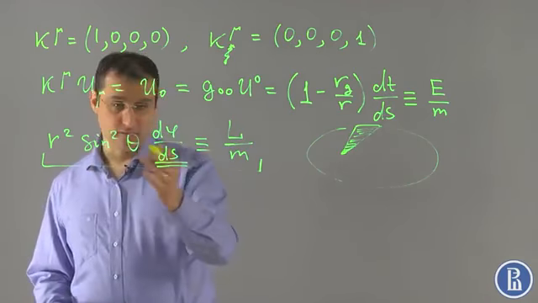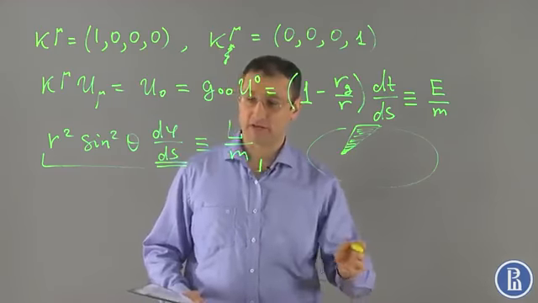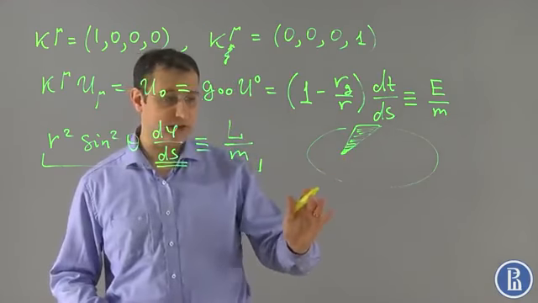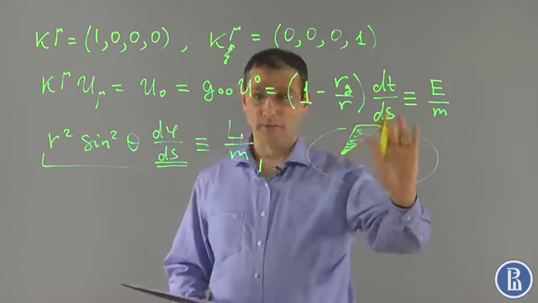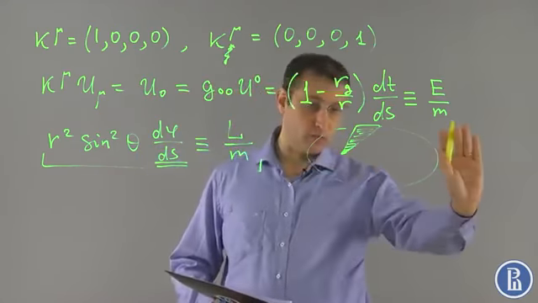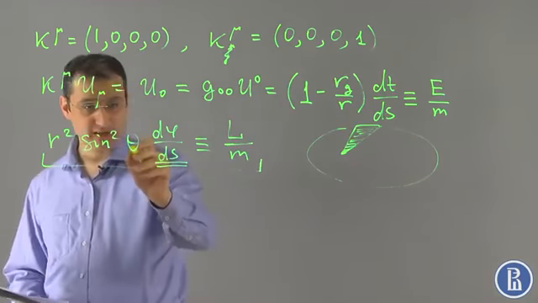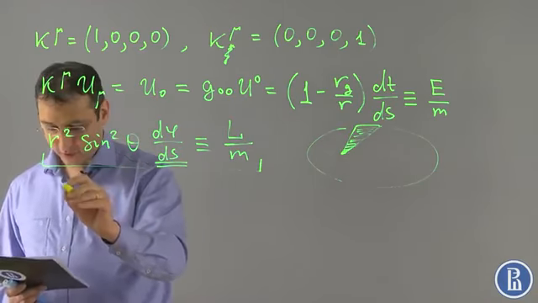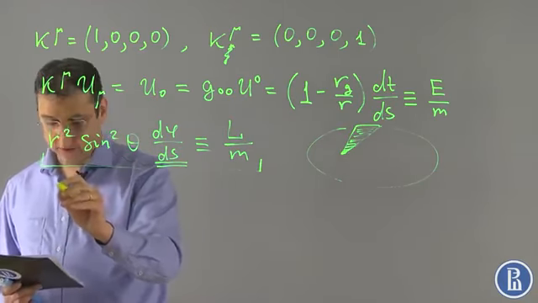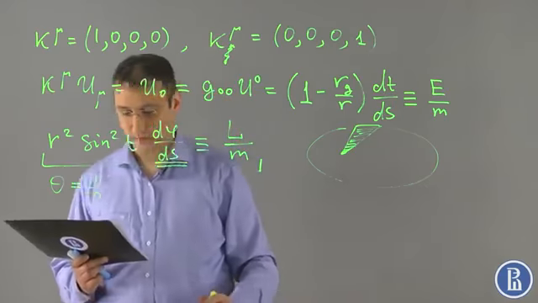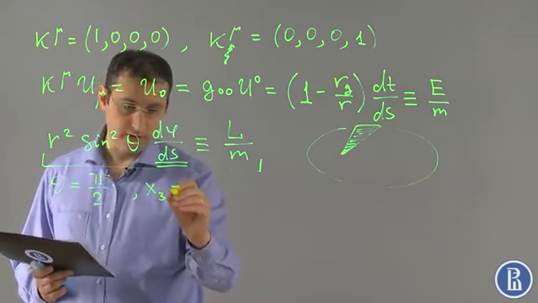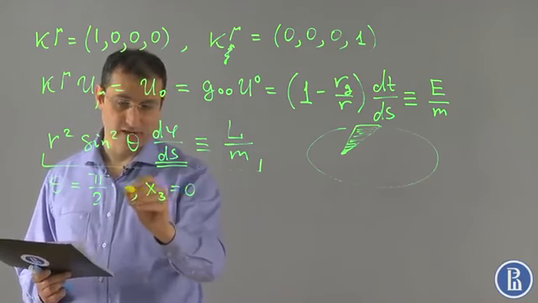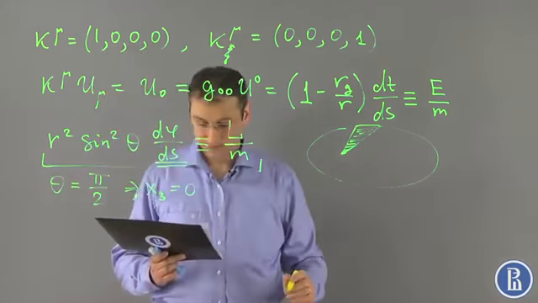And from this observation, in analogy with the non-relativistic situation, we can understand that the motion of the particle with mass m goes in one plane, which means that we can fix theta, and we're going to fix it to be π over 2. So the motion goes in the plane defined by the equation x^3 equals 0.